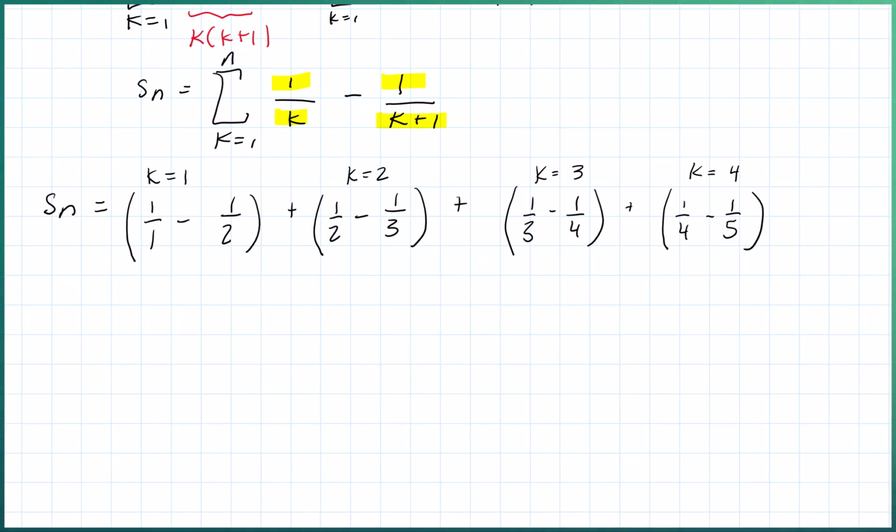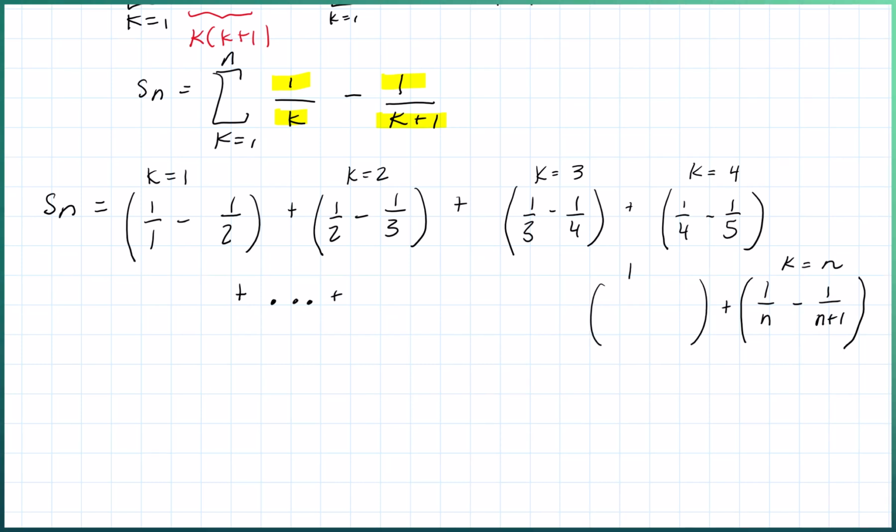We're going to go as far as we need at the front of the terms in the partial sum, and then we're going to end at the end when k equals n, so we can see the collapsing on both sides of this partial sum. So when k equals n, we'd have 1 over n minus 1 over n plus 1.